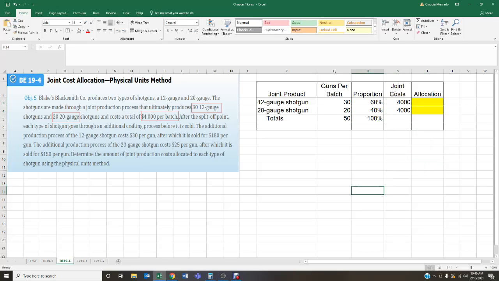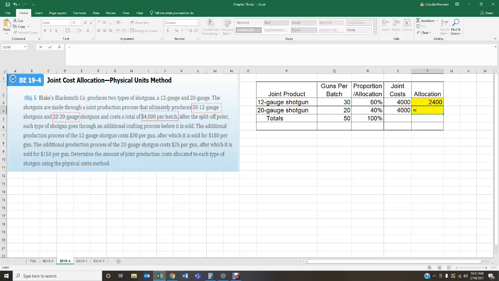Now that I know that I'm allocating $4,000, and that my proportion, or you can call this your allocation, whatever makes more sense to you, is 60% for the 12 gauge and 40% for the 20 gauge, I can go ahead and calculate my allocation. I'm going to get my cost of $4,000 times my allocation of 60%. That gives me a $2,400 allocation to my 12 gauge shotgun.